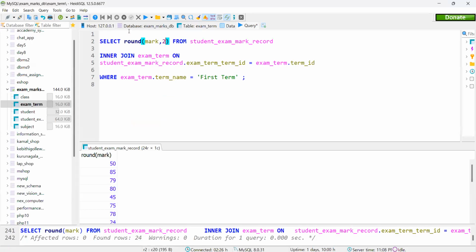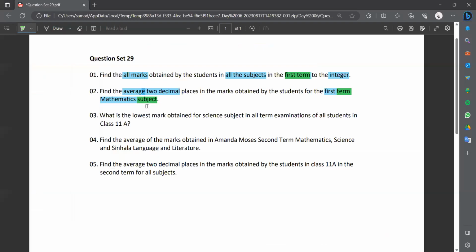Therefore we need to add average mark, AVG mark, and 2 decimal places, and then we need a term and subject.